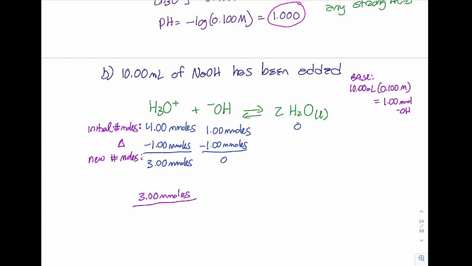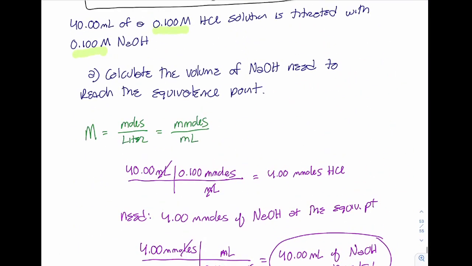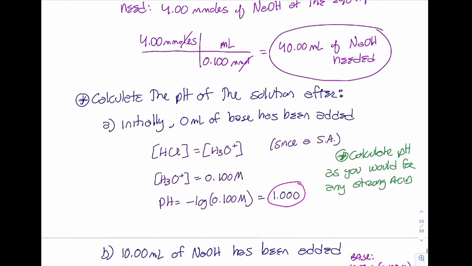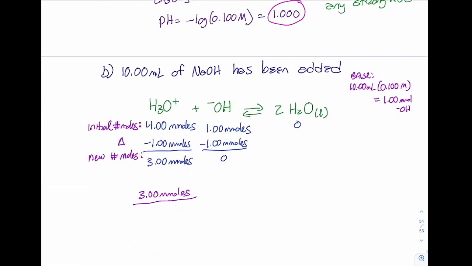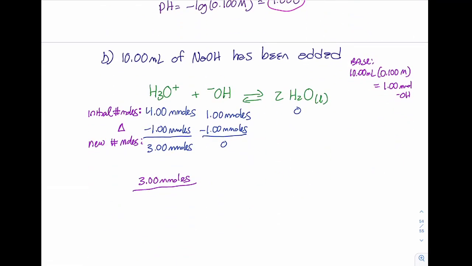I'm starting out with 40 milliliters of acid, that's what's in my Erlenmeyer flask. I've added 10 milliliters from the burette to that acid in the flask. So that means I actually have 50 milliliters in that flask right now. We started out with 40 of acid, and we added 10 milliliters to it.